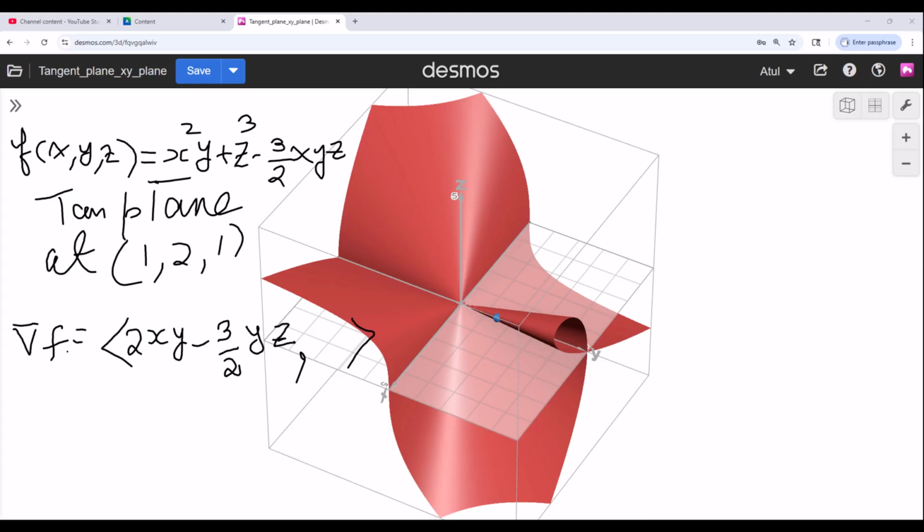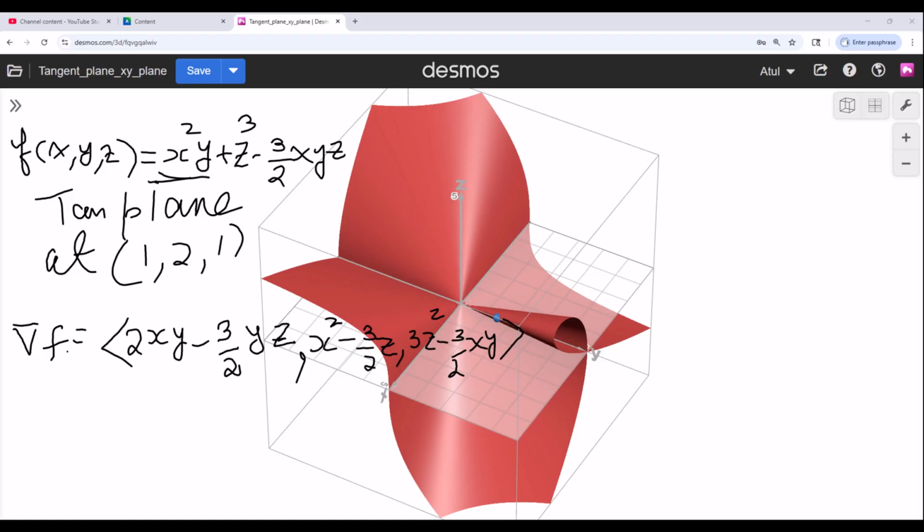Let's differentiate with respect to y, so we get x squared minus 3 over 2 z. Then with respect to z, that will be 3z squared, because here I have no z, so that will be 0, minus 3 over 2 xy, right?